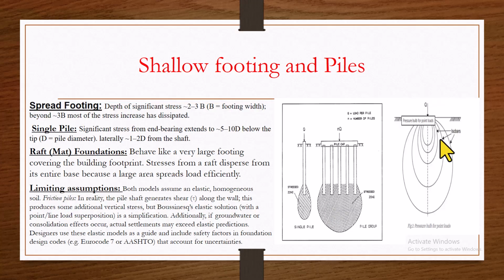So if I want to know the effect or the zone of influence for a pile, for the end tip, because the diagram has to be made from the tip, you have a curve, just like with the footing, like we saw here.